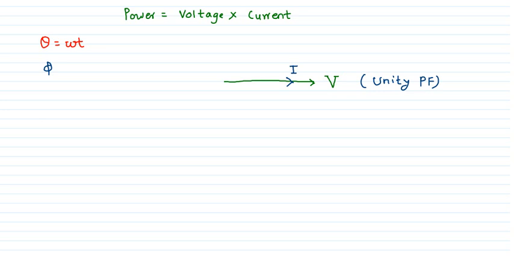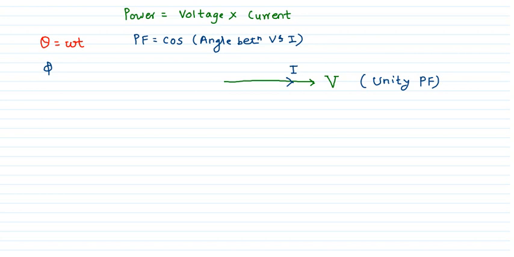Why? Because the definition of power factor is cos of the angle between V and I. Now this angle between V and I is 0, so cos of 0 is 1. So that's why it is unity power factor.